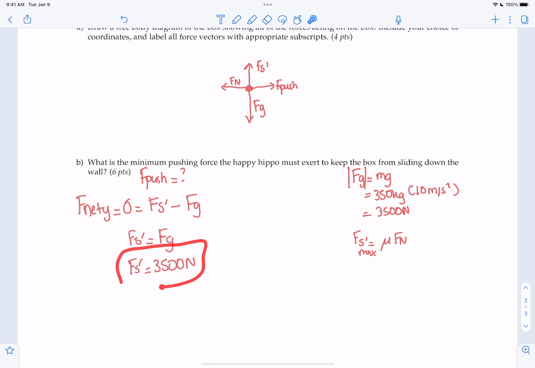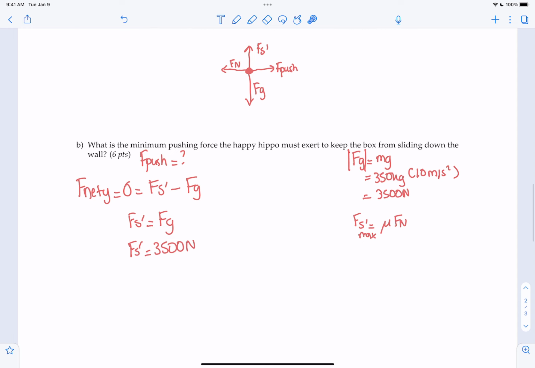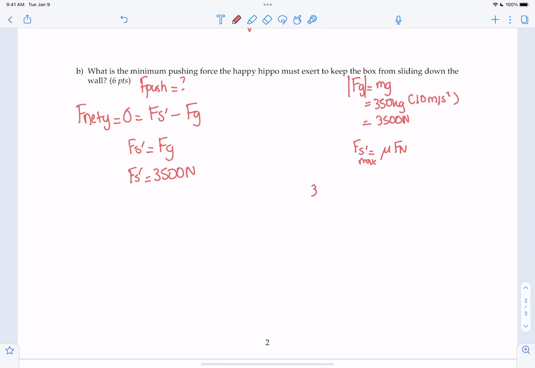But now that we have our static friction force, this 3,500 newtons, we can set it equal. Fs max is equal to mu times Fn. So 3,500 newtons is equal to 0.9 times Fn. So Fn should be equal to around, what is it? Like 3,900 newtons, I think.